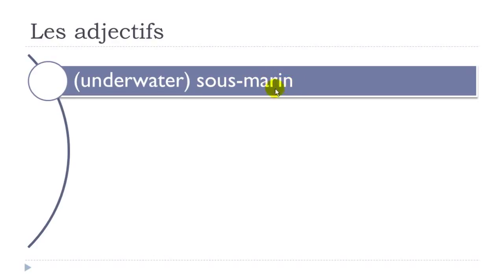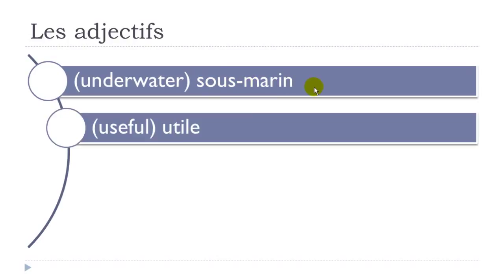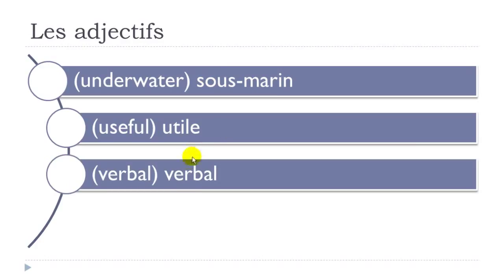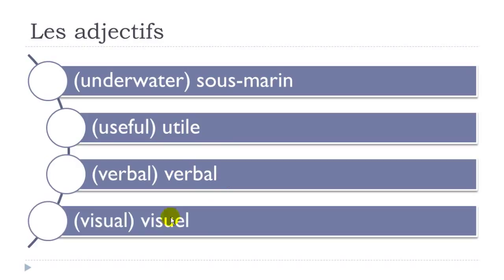Un, rein, marin. Alright, and remember, sous, okay, final S not pronounced, so S-O-U, sous, sous-marin. Utile, final E not pronounced, utile. Verbal. Visuel, remember it's E here and L, uel, visuel.